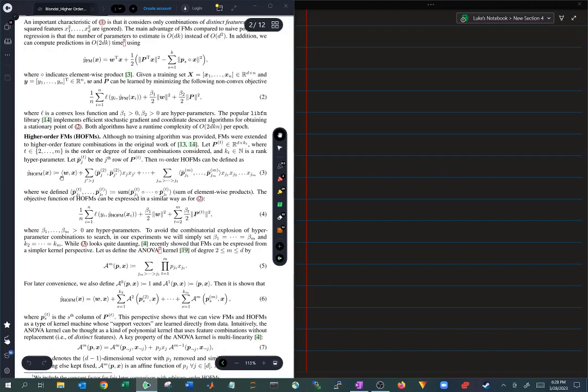So you have the dot product of W with X, which makes sense from before. Then you have a bunch of sums that go up to whatever the mth order is. For the m term, we have the sum over all indices j1 through jm, where j1 through jm are positive integers that satisfy these inequalities. So jm is greater than jm minus 1, which is greater than all the way down to j1.